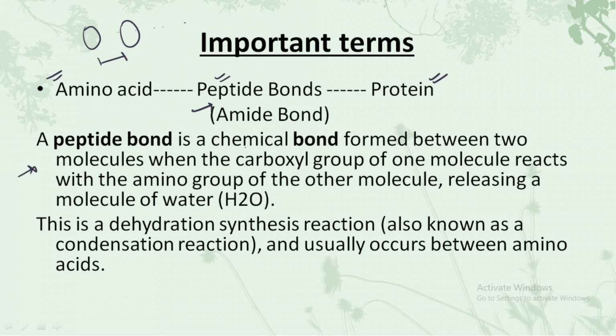A peptide bond is a chemical bond that is formed between two molecules when the carboxyl group of one molecule reacts with the amino group of the other molecule, and it leads to the release of one water molecule, that is H2O. It is a dehydration synthesis reaction, which is also known as the condensation reaction, and it usually occurs between two amino acids.